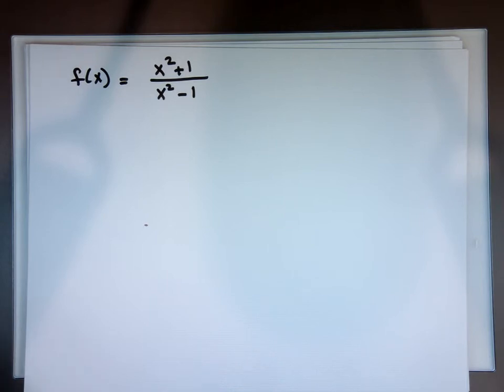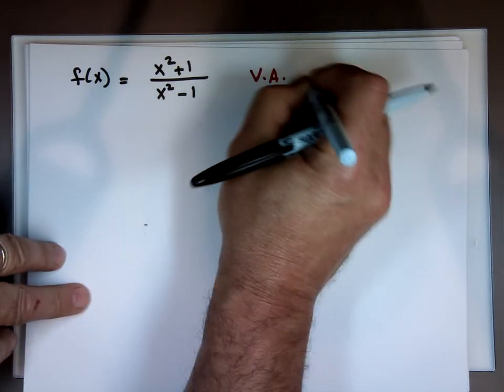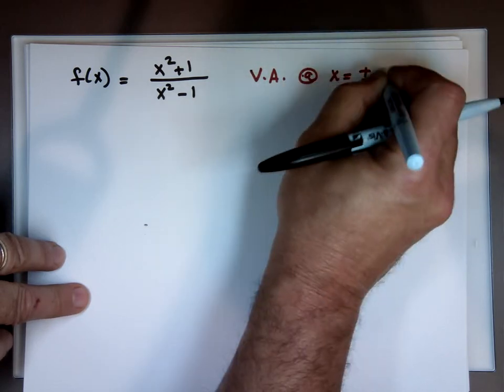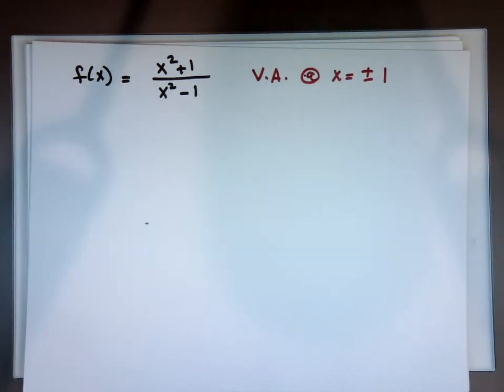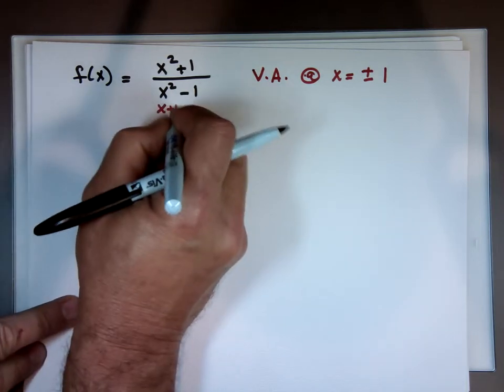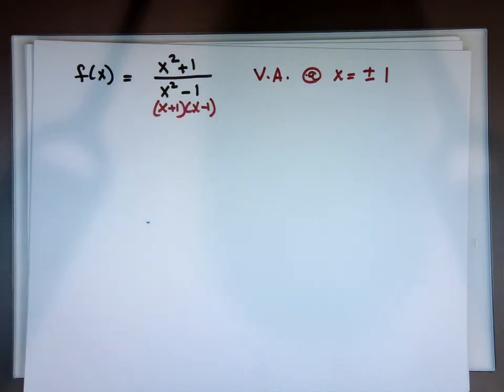My vertical asymptotes, where are they? At x equals positive and negative 1. These are the values that will make the bottom 0. Because if you factor the bottom, isn't that x plus 1 times x minus 1? So you have 2 values that will make the bottom 0. One is the plus 1, one is the minus 1.